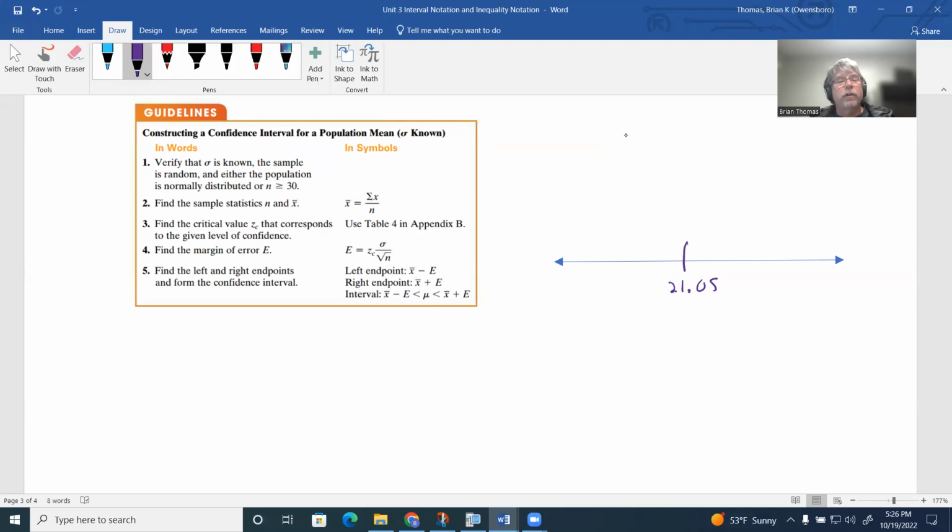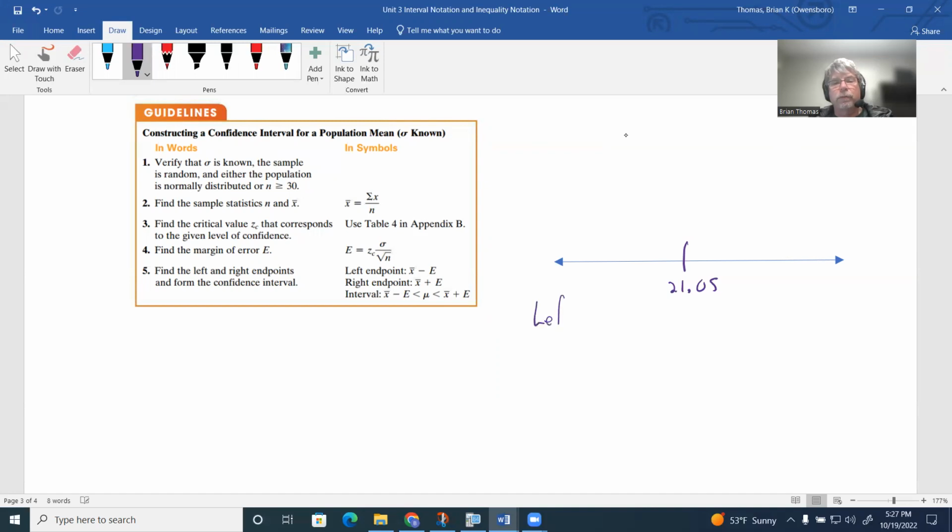The critical value z we are going to skip and go straight to our shortcut, because we have those z-scores in our table as well. Find the margin of error, which we just did. Then from the mean, we subtract the margin of error and add the margin of error to get the left endpoint and right endpoint.